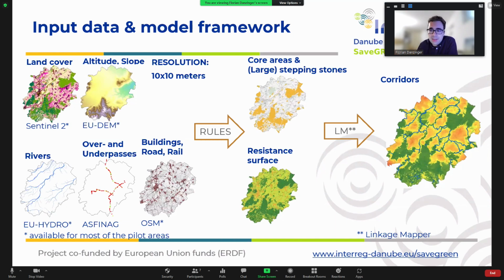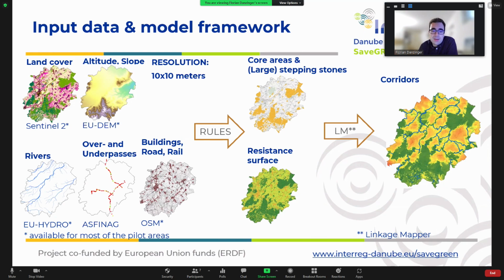Just to show you how we calculated the corridors in the region, we used different input data sets, be it land cover, digital elevation models, but also geodata on the river network, on over- and underpasses, and of course the roads, buildings, and railway lines in this area.